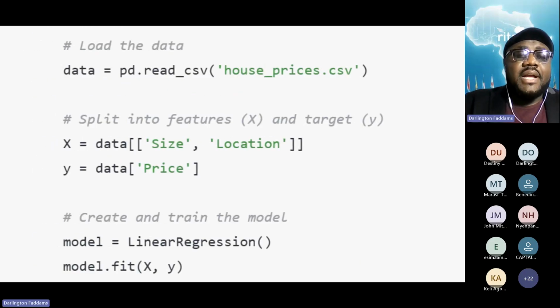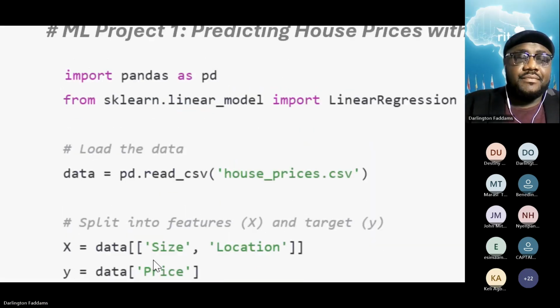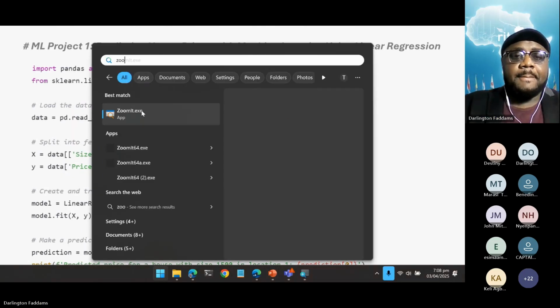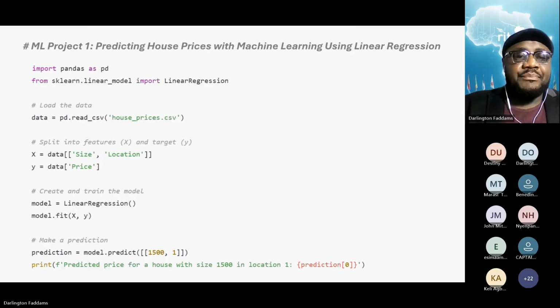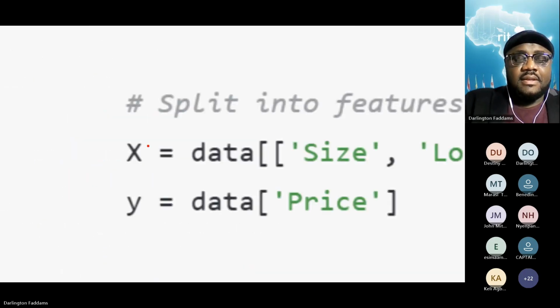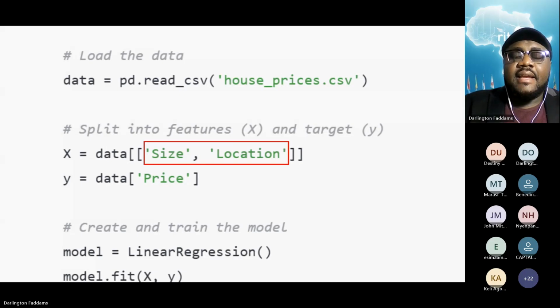In future, we are going to provide size and location, and we'll be expecting the model to tell us the price.